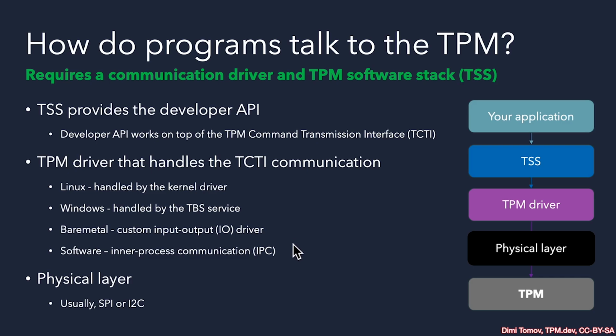Now if you have a software TPM, which is what we do in our Docker lab environment, then we will talk to a socket, and we'll skip the TPM driver and the physical layer, and we'll talk about this more in a moment. I just wanted to cover the interesting case which we see more often, that we have a software TPM living in a memory isolated environment, VM, or on a separate core on the same chip, also isolated in memory using hardware capabilities.